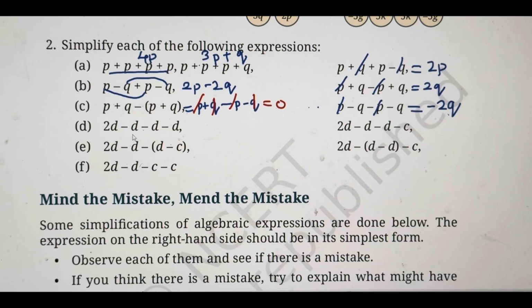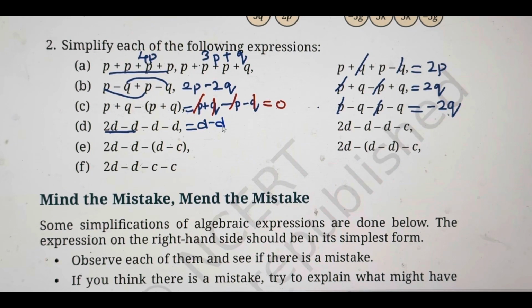Now D, question number D. This is 2D. Here minus D, minus D, minus D. So what you can do? Minus 1, minus 1, minus 1 will be minus 3D. Then you can do it many ways. You can even go left to right. Okay, let us see left to right. So 2D minus D. If we first solve this, you get D. 2 minus 1 is 1.